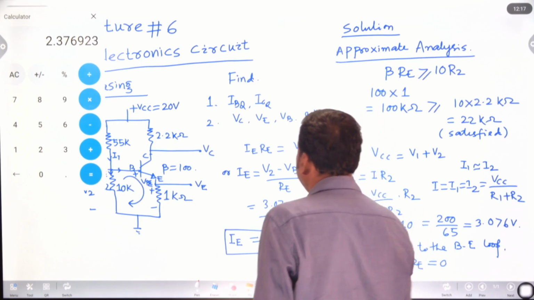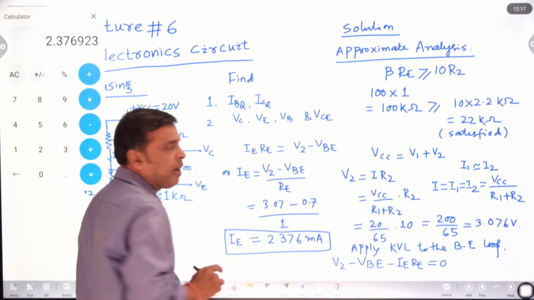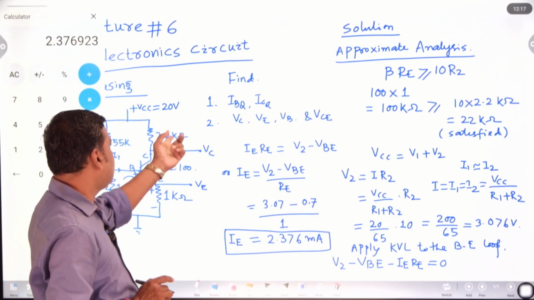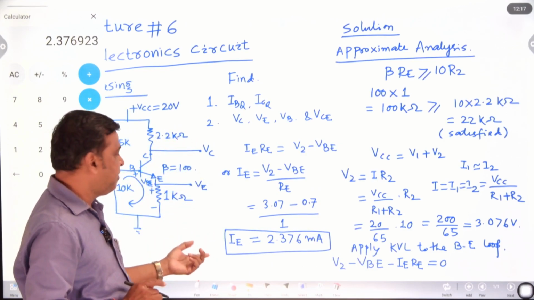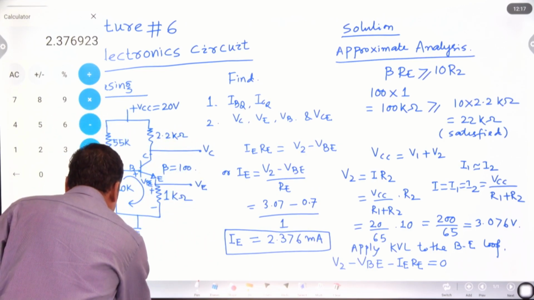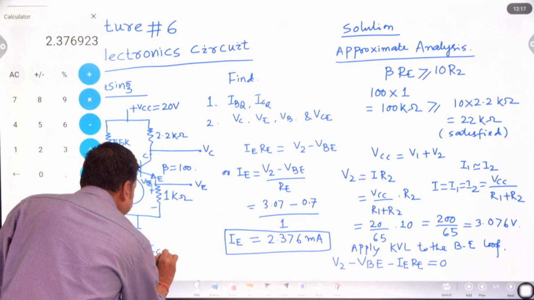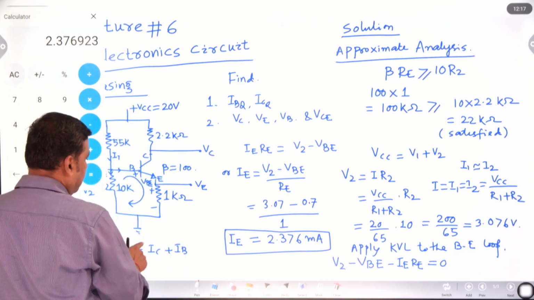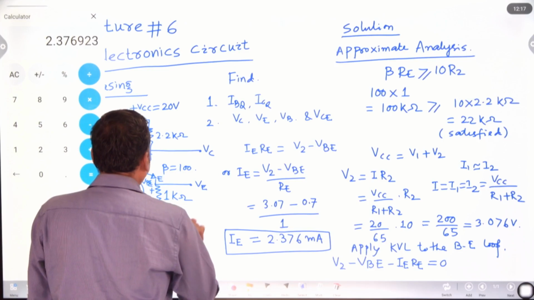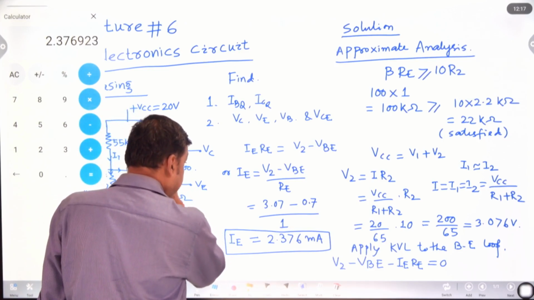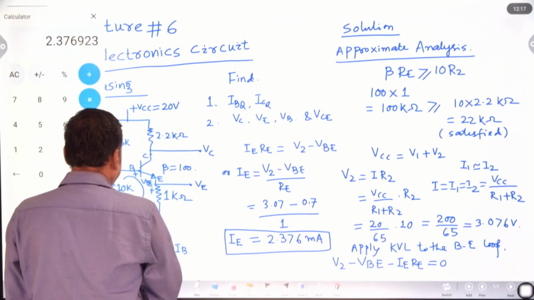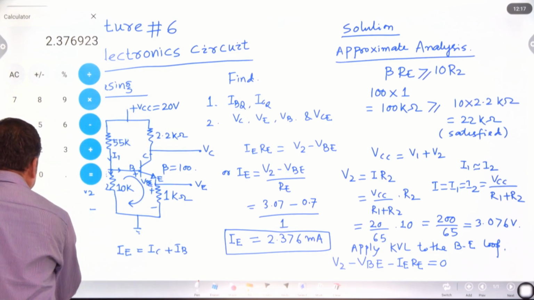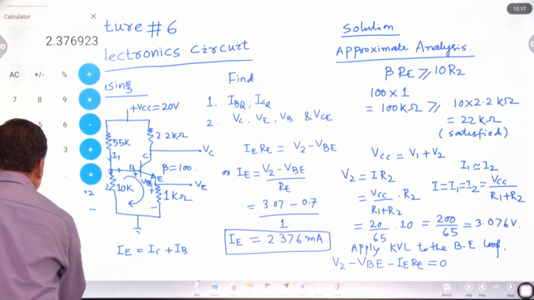Then here beta value is given. If you want to calculate IB, the emitter current IE equal to IC plus IB. And IC equal to beta IB. Remember the beta is 100, given. So IC by IB equal to beta.